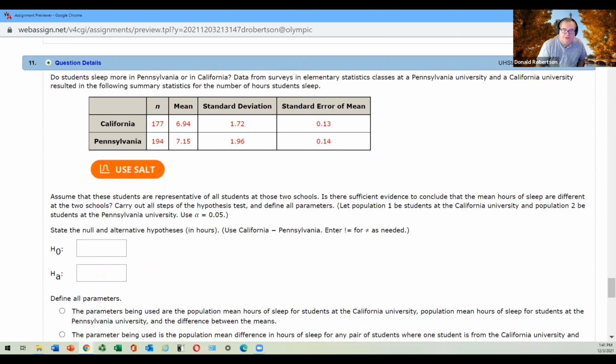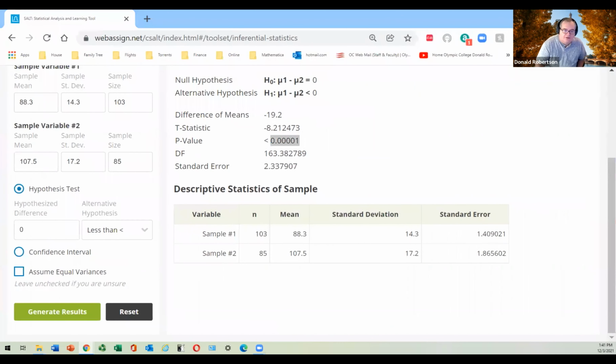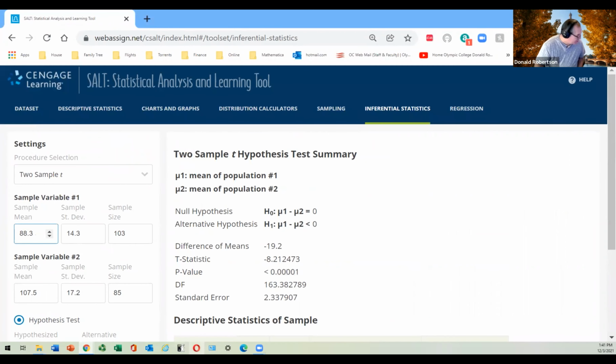So I'm about to hit the summary button. And I'm going to move this. And let's see if I can do this correctly. The first one is Californians, and they had an average of 6.94 hours sleep. The standard deviation for the Californians was 1.72.